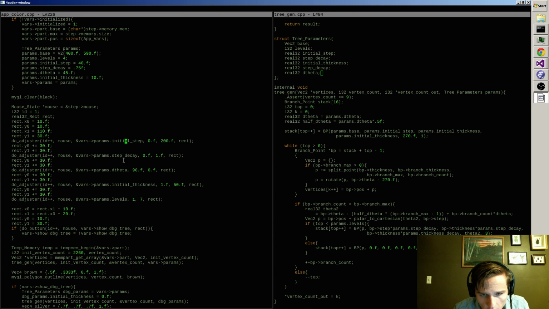So, initial step, step decay, d theta, and then I want a thickness decay right here.